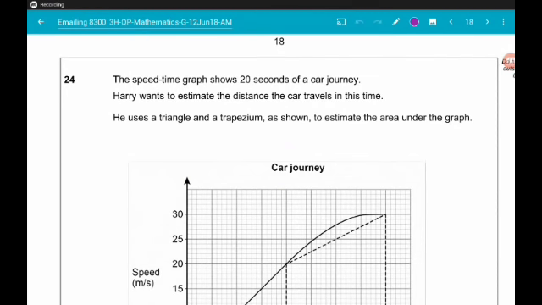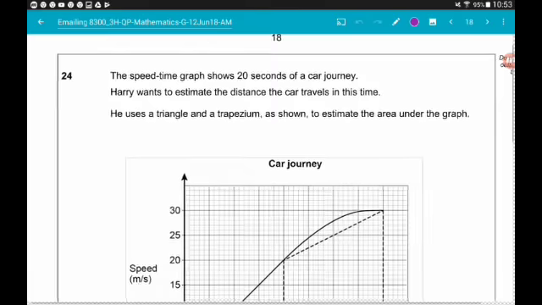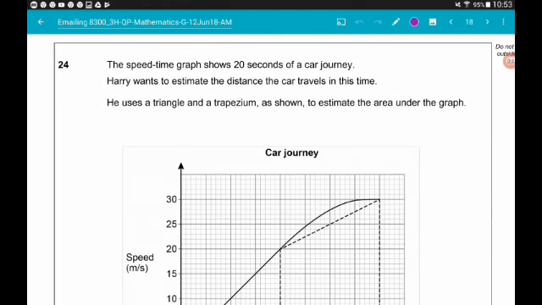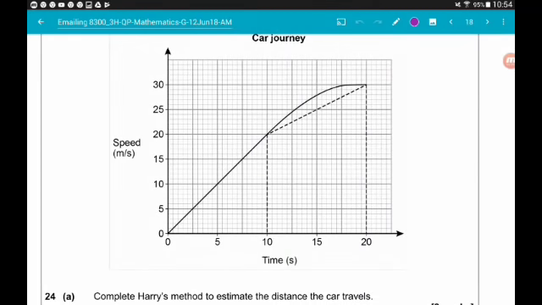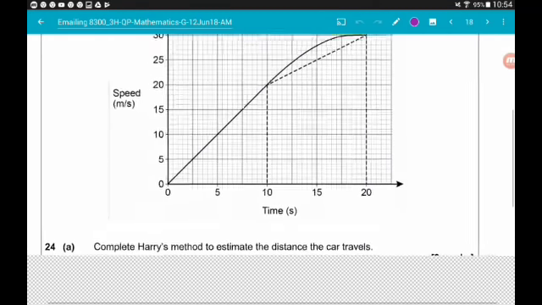4. So the speed time graph shows 20 seconds of a car journey. Harry wants to estimate the distance travelled in this time. He uses a triangle and a trapezium as shown to estimate the area under the graph. So there are his triangle and trapezium.